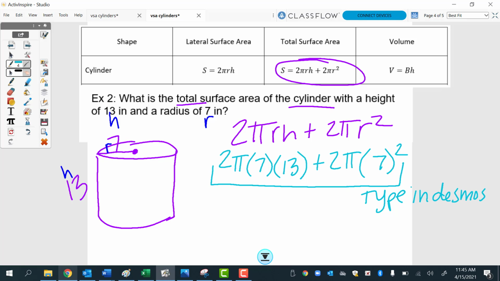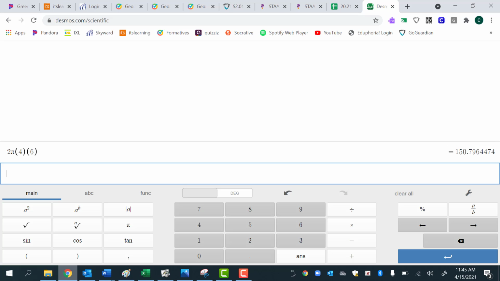Okay, here we go. That did not work. Okay, 2 pi times 7 times 13 plus 2 pi 7 squared. We got 879.64. Look at how this looks.